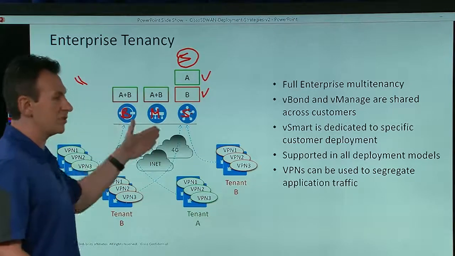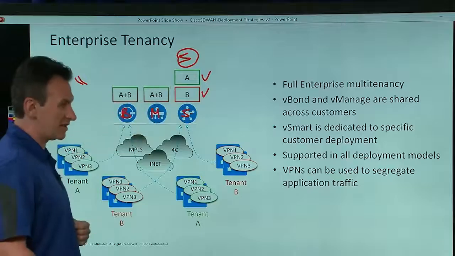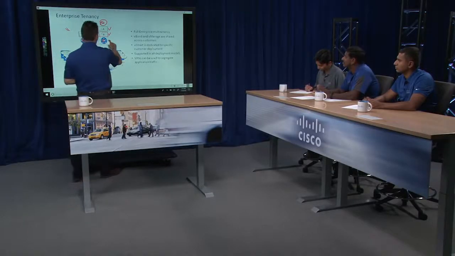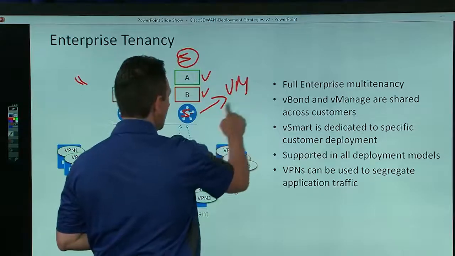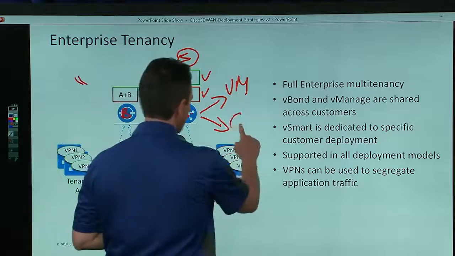So the engineering decision that we took is to make sure that the vSmart controllers are separated on a per tenant basis. They could be deployed as virtual machines, and in order to ease some of those compute environments, they can be deployed as containers.